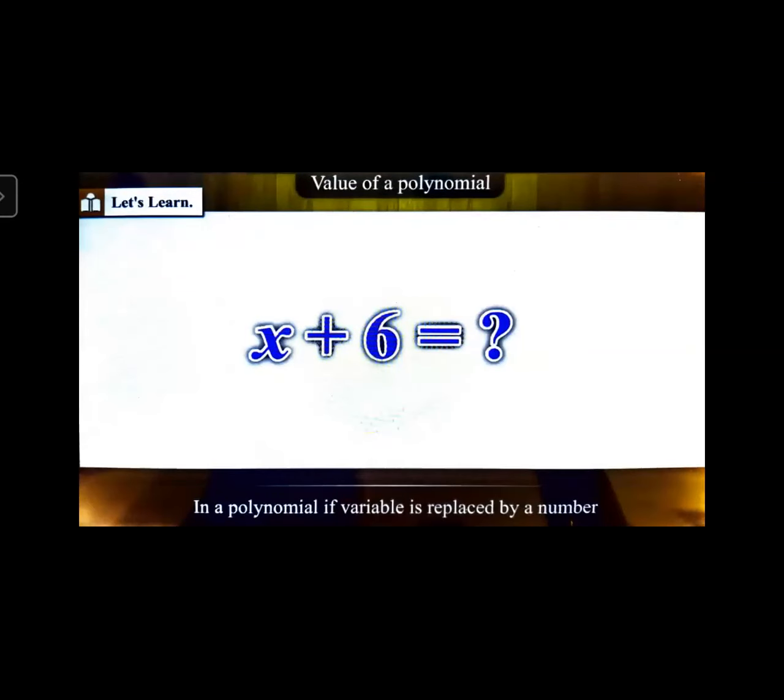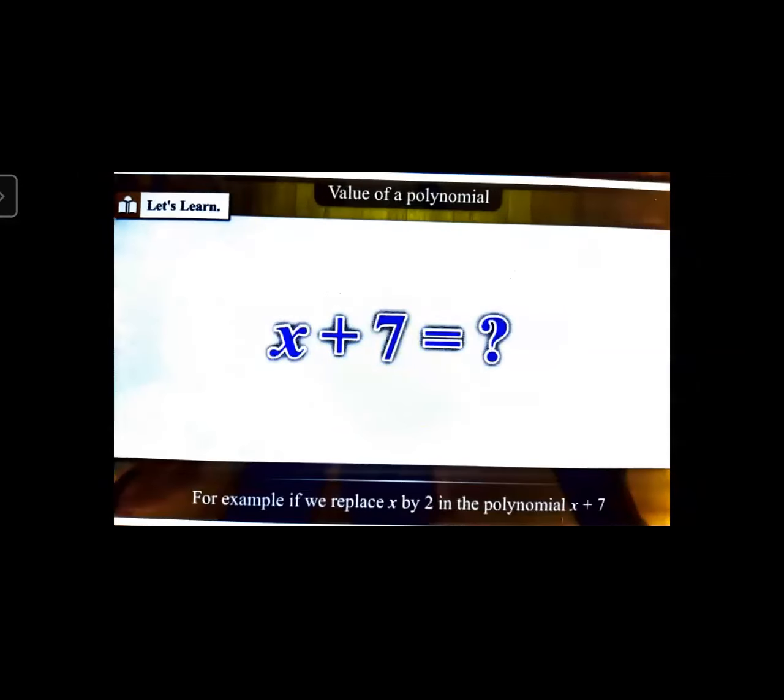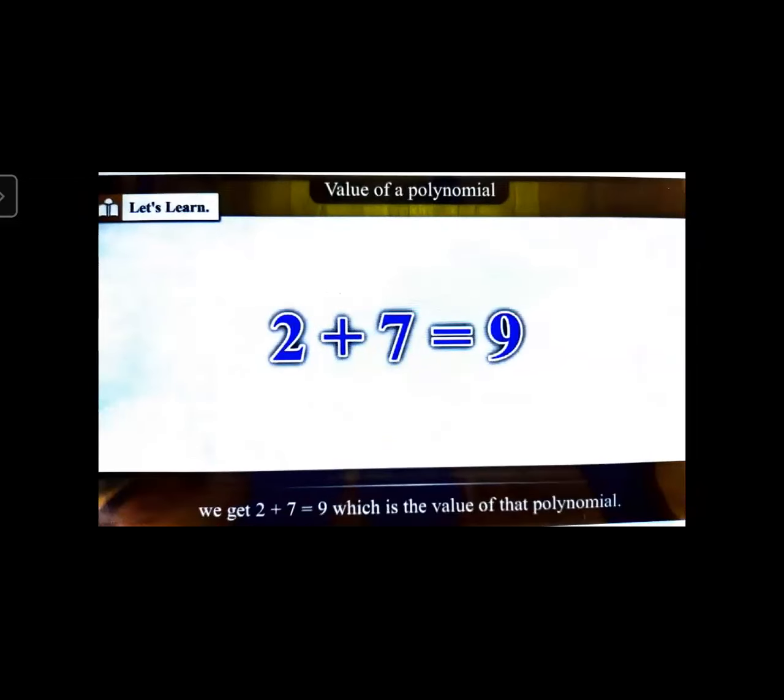As you can see, if I write 11 over here, 11 plus 6 is 17. We get the value of the polynomial. For example, if we replace x by 2 in the polynomial x plus 7, we get 2 plus 7 equal to 9, which is the value of that polynomial.